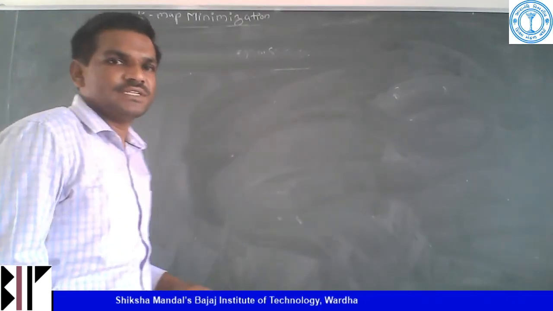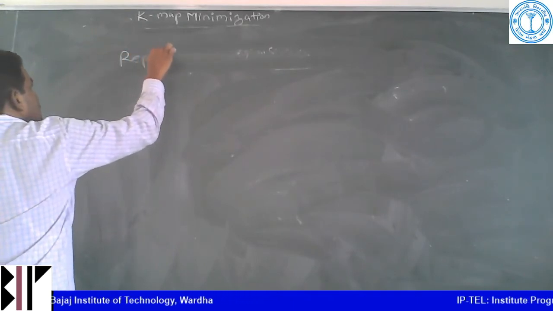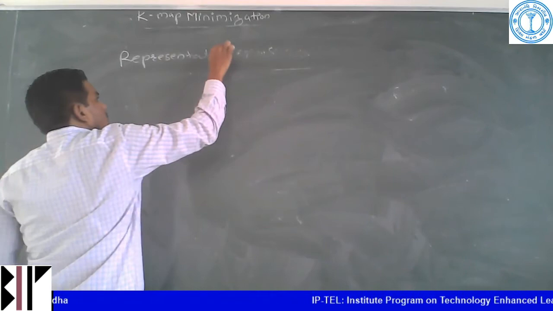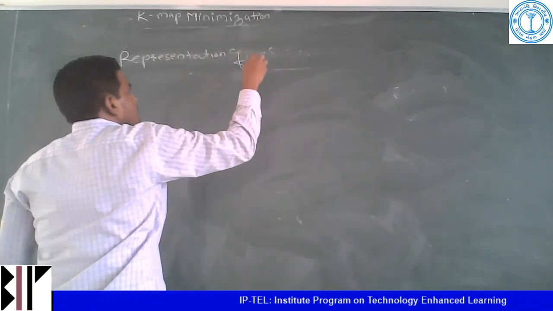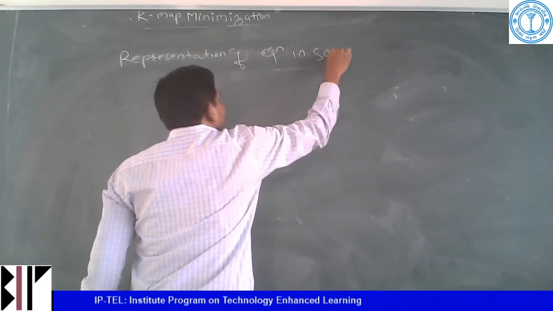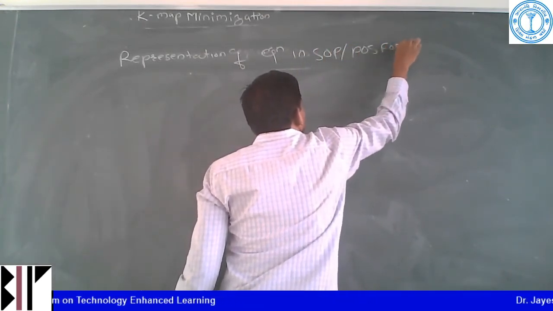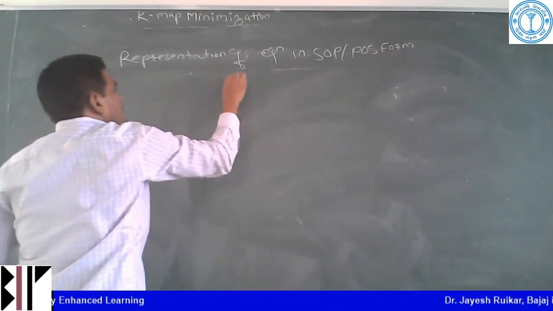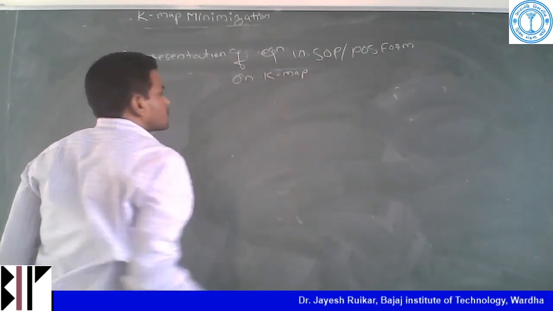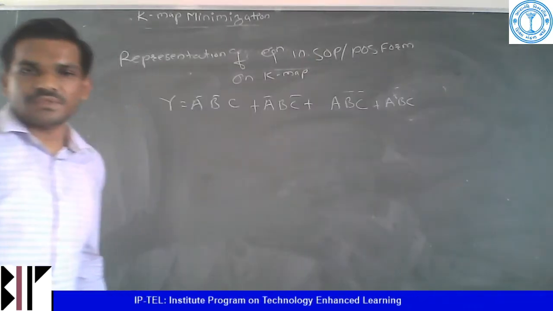So now we will see the representation of an equation in SOP or POS form on the K-map.